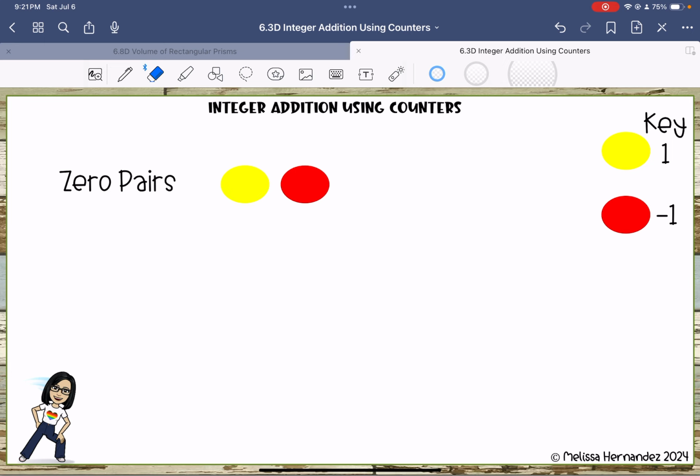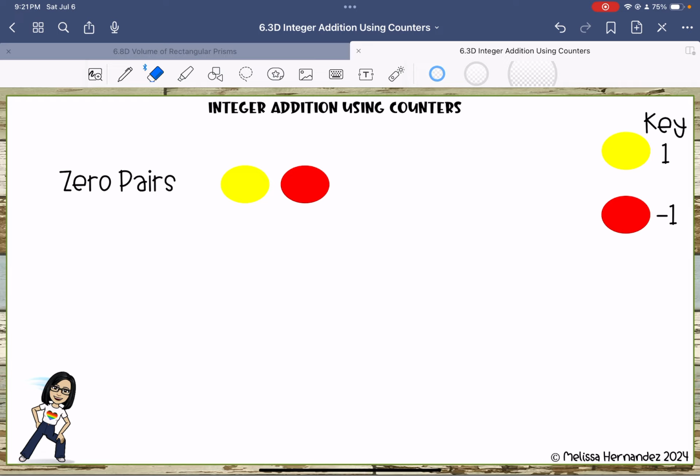So when you have one positive and one negative together, that's actually a zero pair because they cancel each other out. So think about it like this. If you have $1, but you owe $1, well, you don't really have any money because you owe somebody. The having $1 would be one positive, but owing would be one negative.